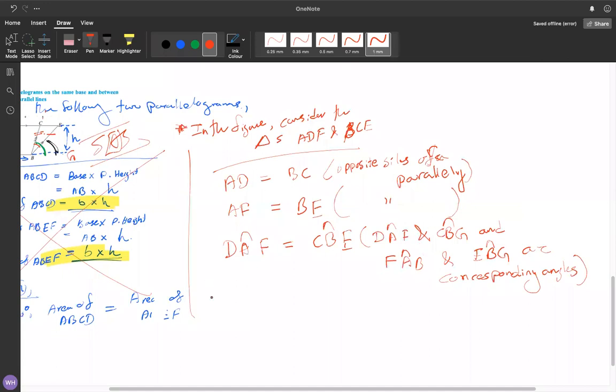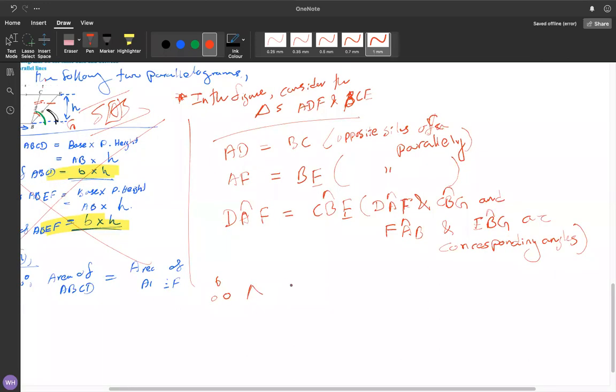Therefore, we can say that the triangle ADF is congruent to the triangle BCE under the case of SAS. Okay, so these are congruent, right?